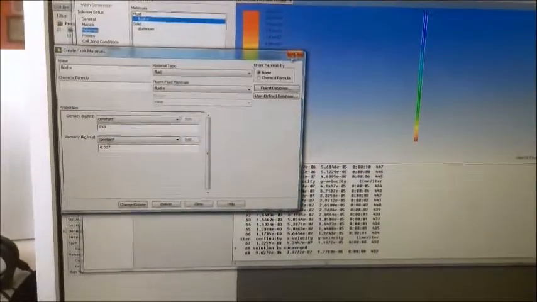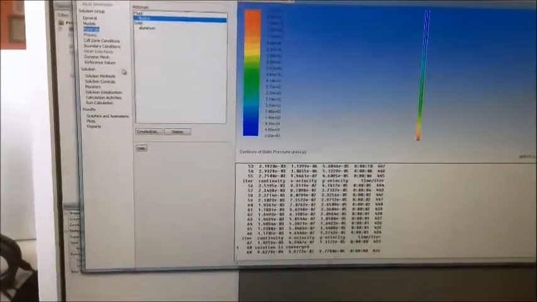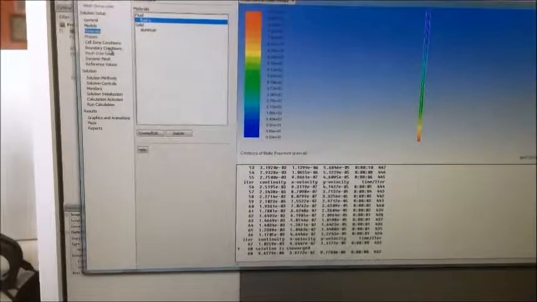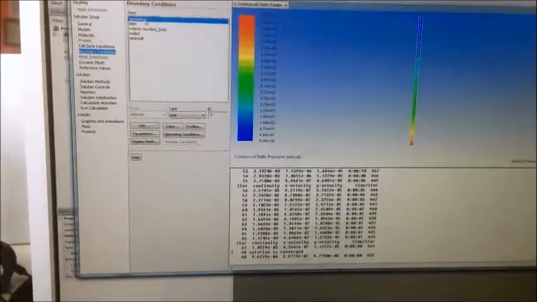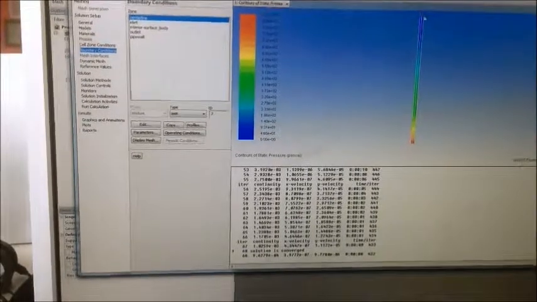After we created and changed that, we went to boundary conditions. From boundary conditions, we made the boundary conditions at the center line, which is right here.